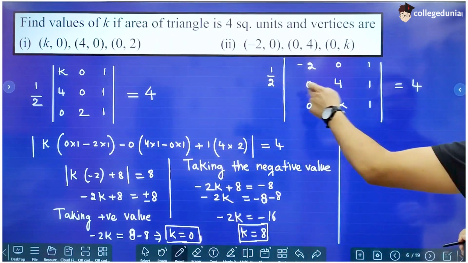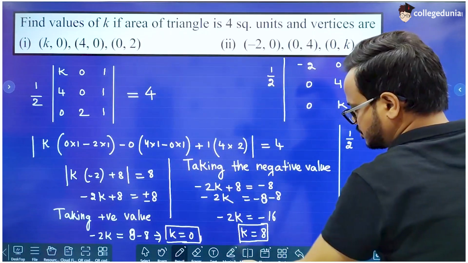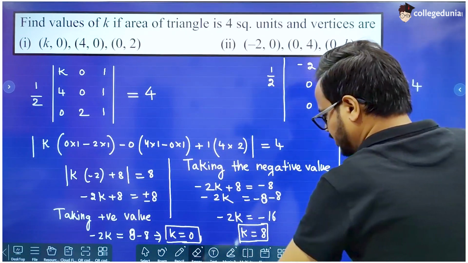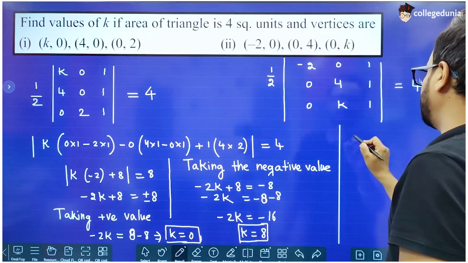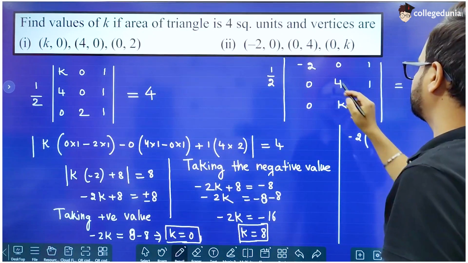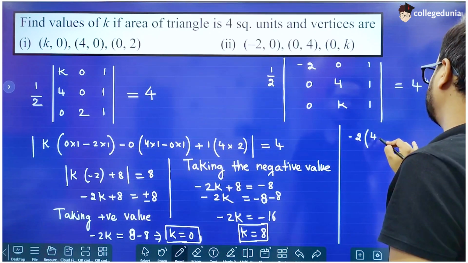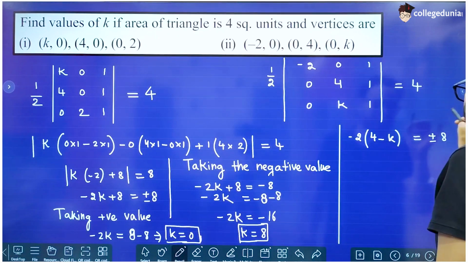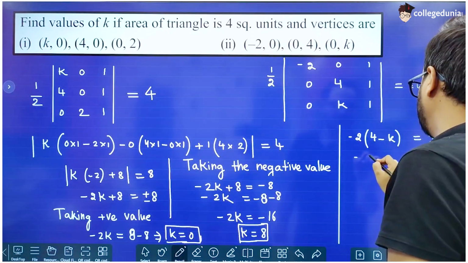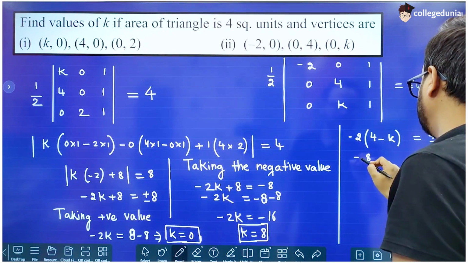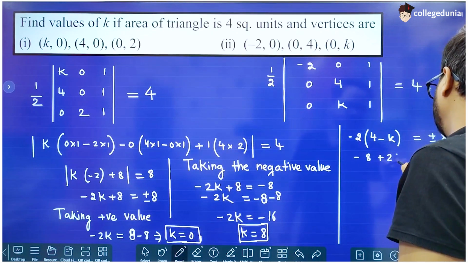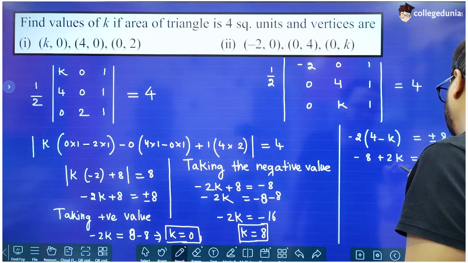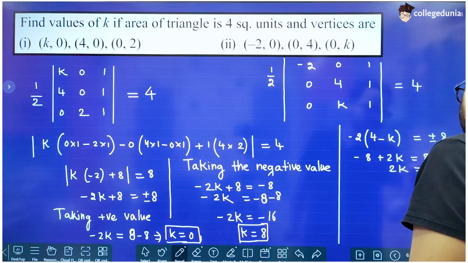Okay, so first multiply this 2 over there, so it becomes 8 on the other side, and this is minus 2, 4 minus k equal to plus minus 8. Taking the positive value, minus 8 plus 2k equal to 8. 2k is 16, k is 8.